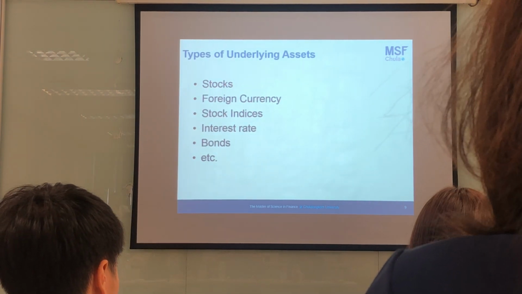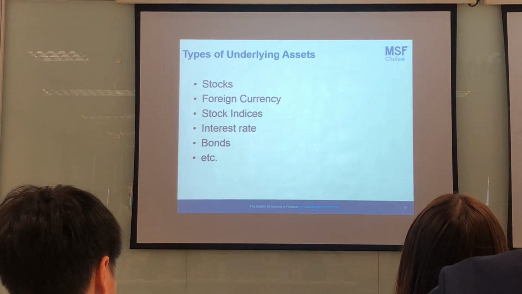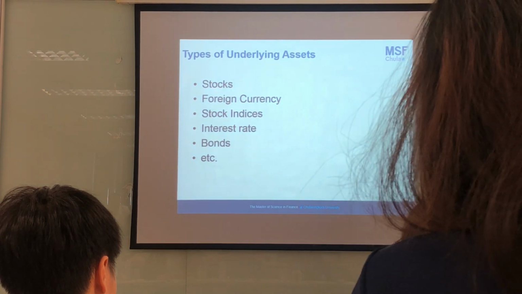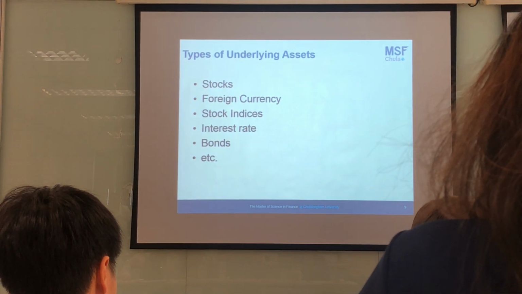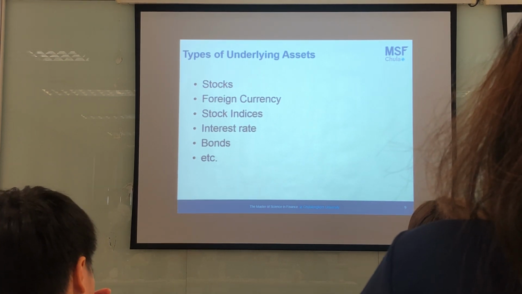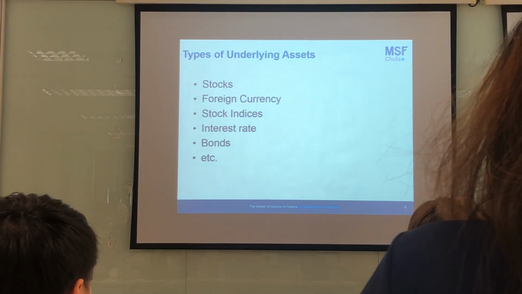The underlying asset can be any asset, anything actually. It can be the level of the rain, interest rate, stock index, stock price, currency, commodity, anything.